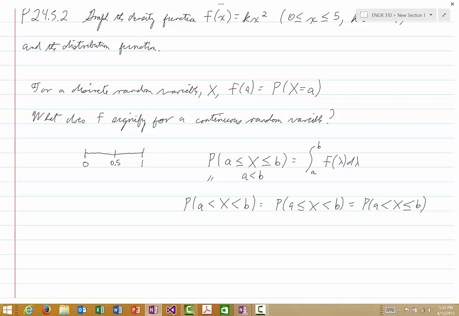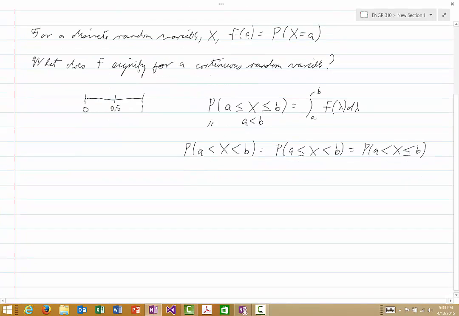Now, that's not true for a discrete random variable. Certainly, it's important for you to understand that for a discrete random variable, that would not be true. And that's why we were careful when we were finding the cumulative distribution functions for discrete random variables in our previous lecture. We were very careful to know whether we needed to use less than or equal to. But here, it doesn't matter.